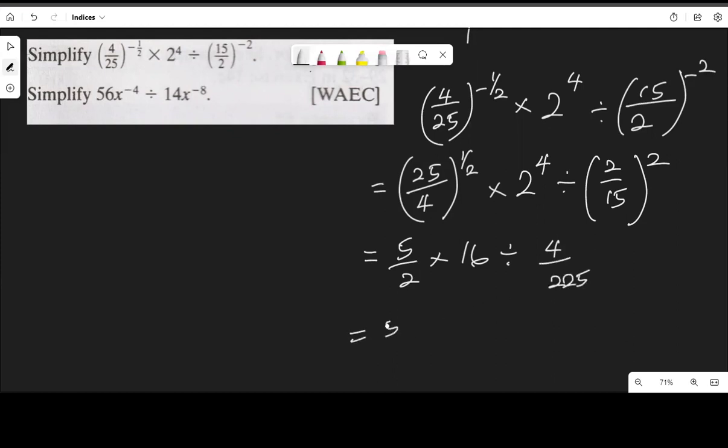So we'll have 5 over 2 times 16 times, when dividing by a fraction, the sign of division will change, and then multiply by the reciprocal of this fraction. 4 here 1, 4 here, 2 here 1, 2 here 2. So I have 5 times 2, which is 10. 10 times 225 is 2250.